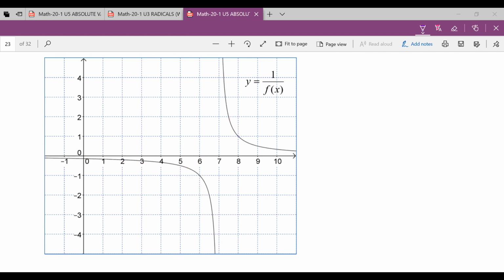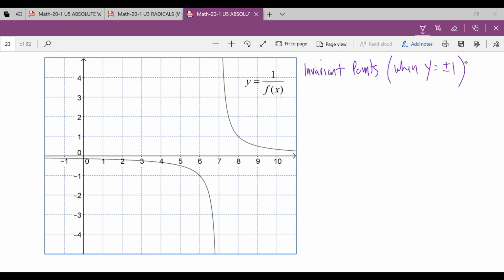How would I do this? Well, I would first look and see if I could figure out my invariant points, because I know that my f of x is going to go through those. And invariant points, remember, happen when y equals plus or minus 1.